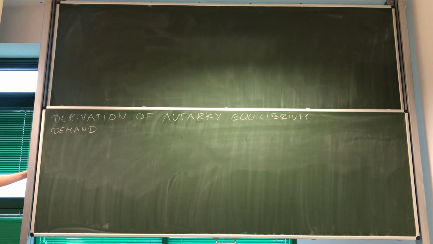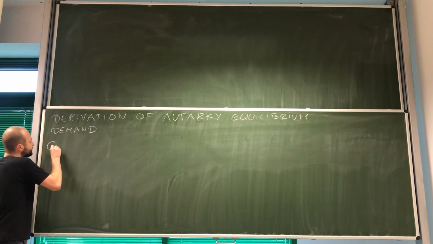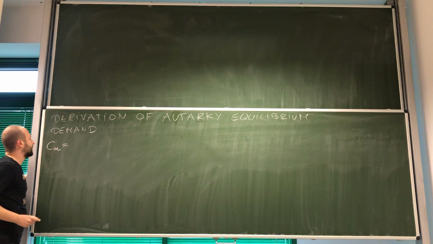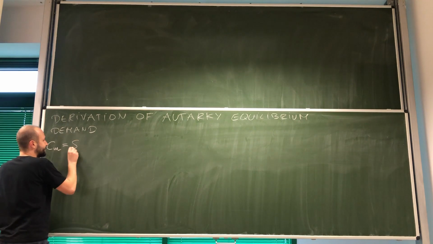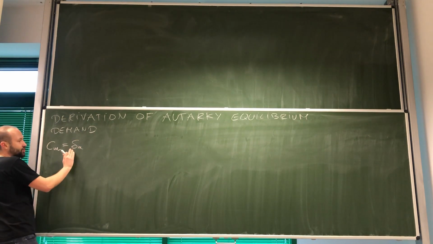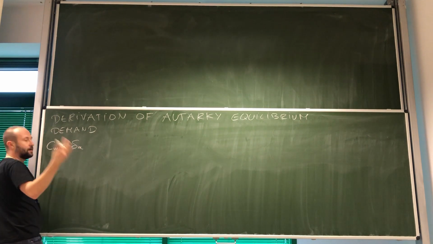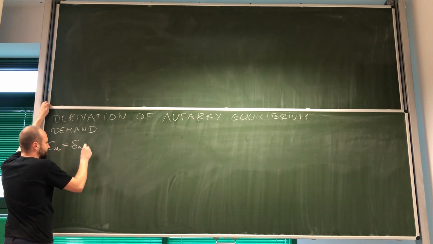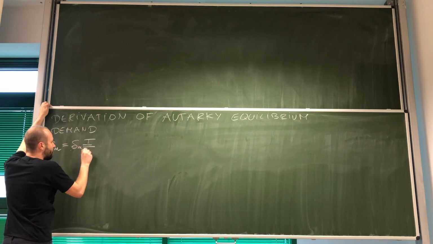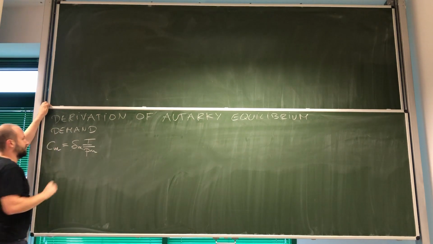Look, from our previous discussion, we know the consumption of manufacturers, we take this from the consumer's choice problem, is given by delta M, so the share of income spent on manufacturers, times income over price of manufacturers.